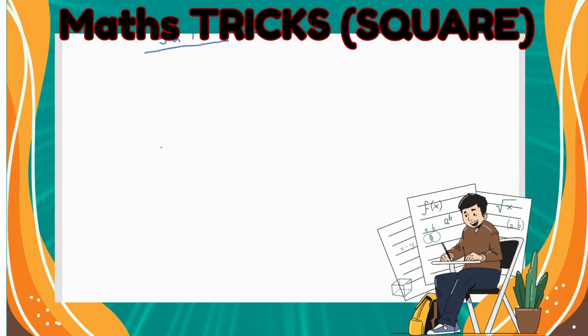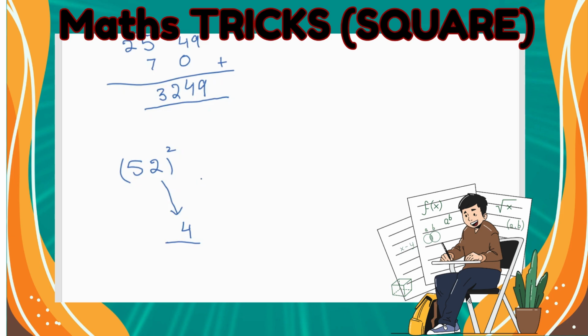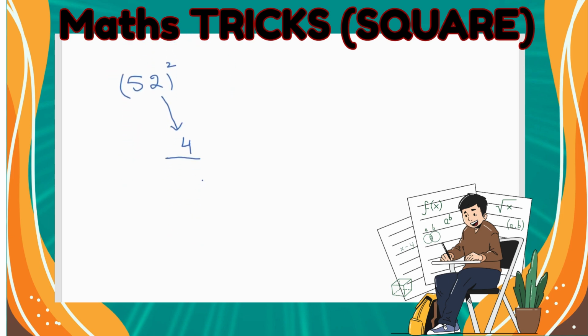So we have here 52 squares. How are we going to do the 52 squares one? Okay, so there is a trick over here. So 2 square is 4, right? So how are we going to write down 4? So we always write down the numbers in 2 digits. Okay, so if you look at the first one, we write down as a 2-digit number. How are we going to write down 4 as a 2-digit number?